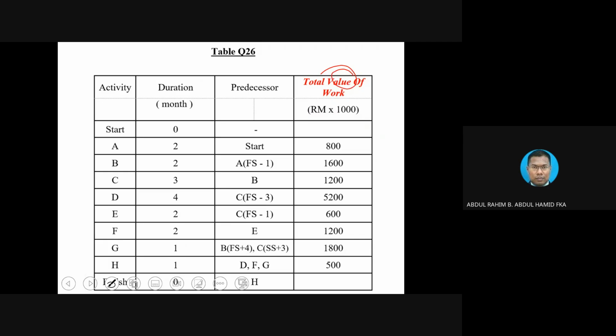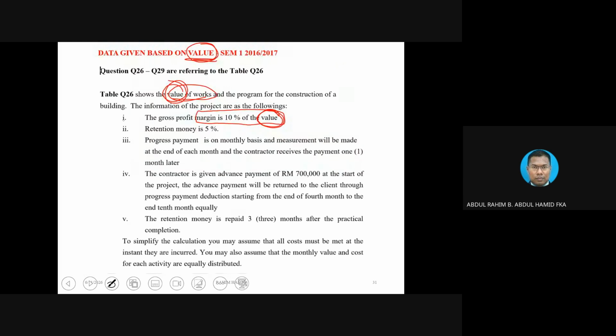Because if it is given on cost, your approach will be different. If it is value, the approach will be different. Okay, based on the formula. Okay, now the given data is based on value. Retention money. Now the RF is given 5%.